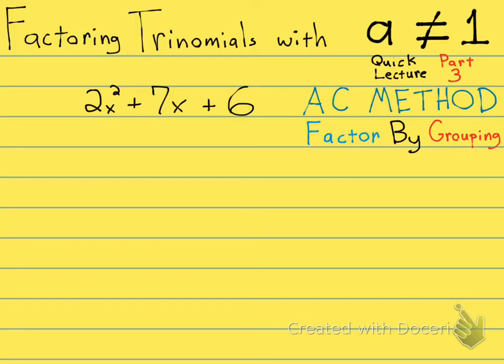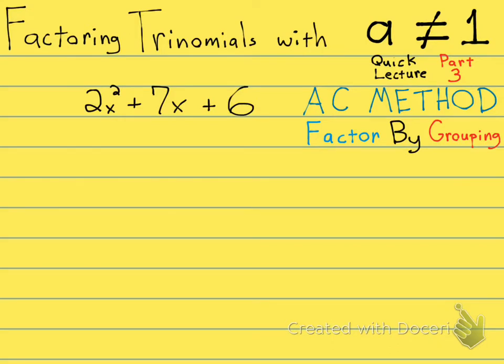So if you go online to YouTube and look up factor by grouping, you're going to see a lot of people working this problem. Now let's recall that the leading coefficient is not 1, okay? So if it's not 1, we're going to go AC method.